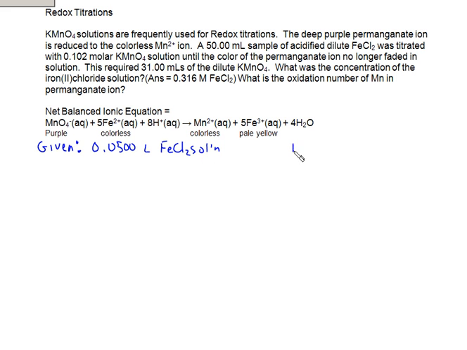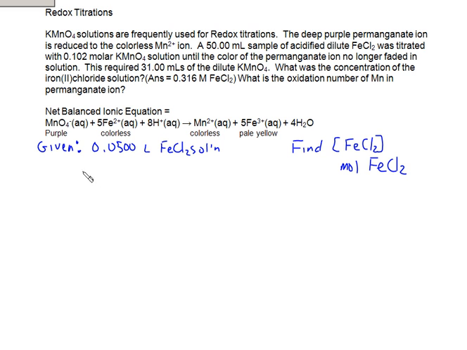And ultimately what we are looking for is the concentration of the iron chloride solution, which means that what we're going to have to find out, if we're already given liters, is the moles of the iron 2 chloride.